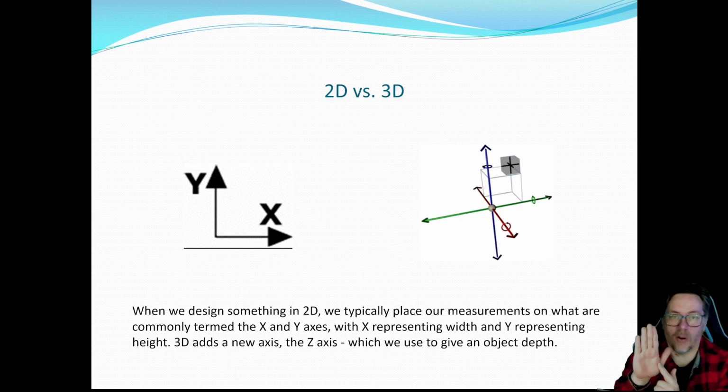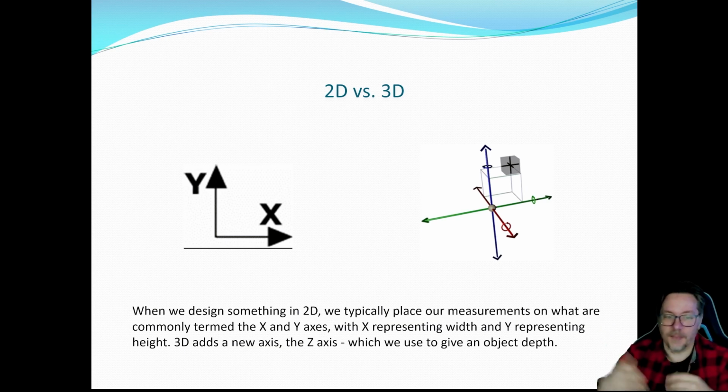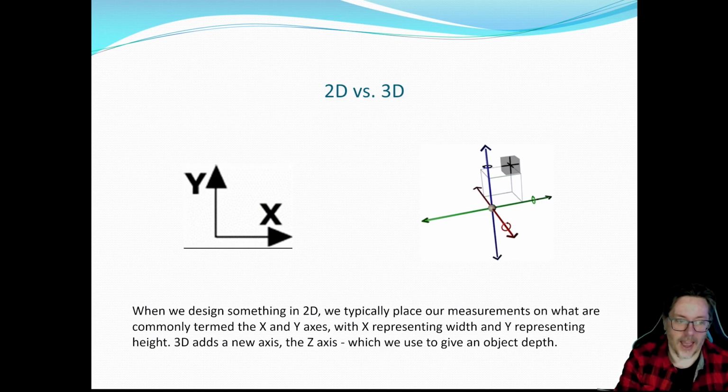A lot of you would have come across this with things like graphs, and it's utilized in lots of different terms, especially in maths. But when we add 3D to it, we add a third dimension, and that will be the Z-axis. And the Z-axis gives us depth to the actual object.